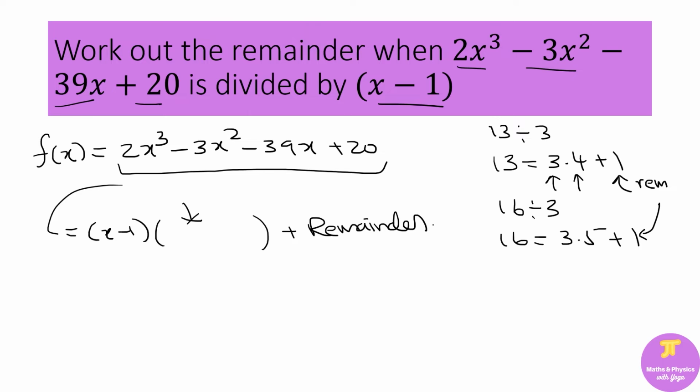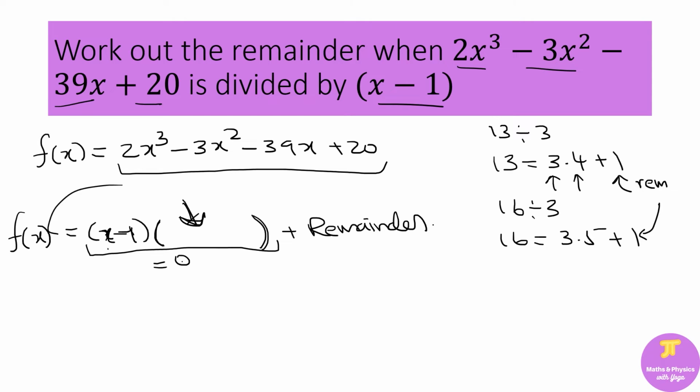So f(x) is equal to x minus 1, and something goes into the bracket, plus the remainder. You don't need to find this quotient in order to find the remainder. Instead, what you can do is, how can you make everything into 0?